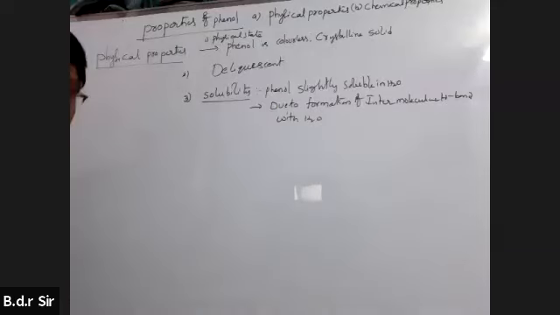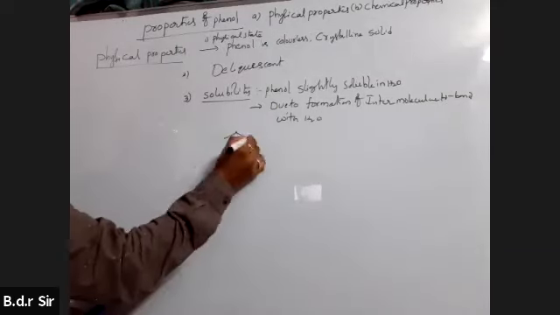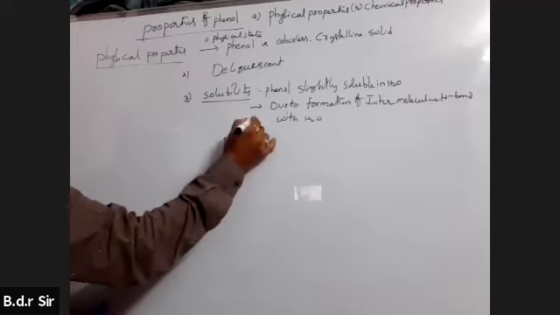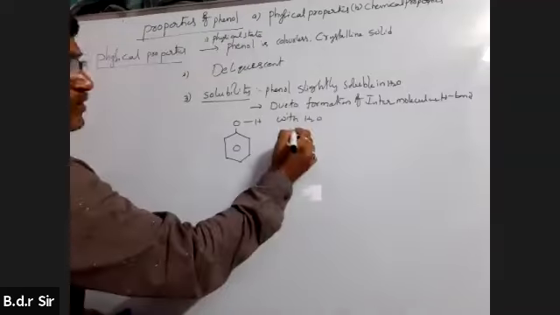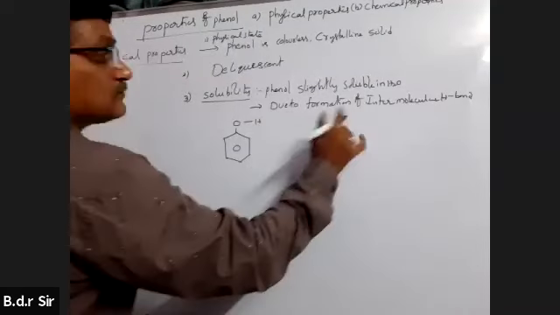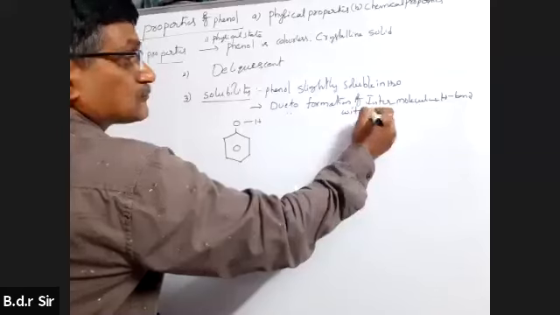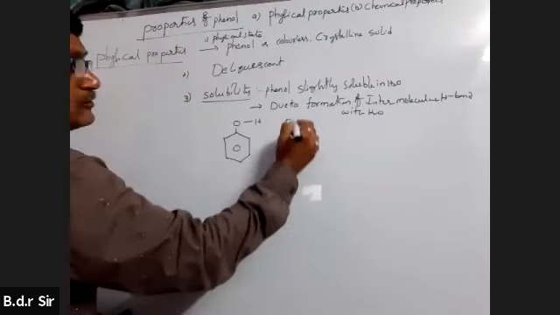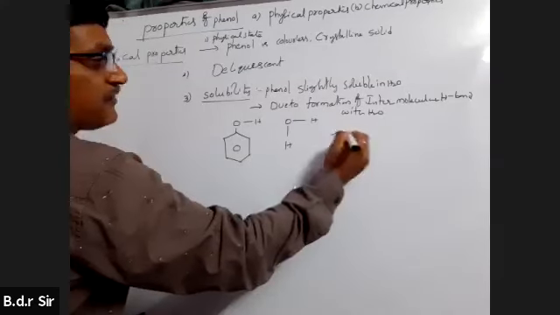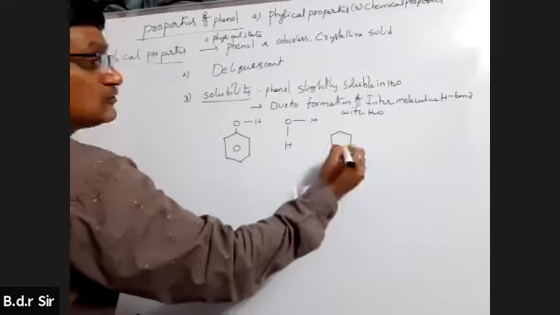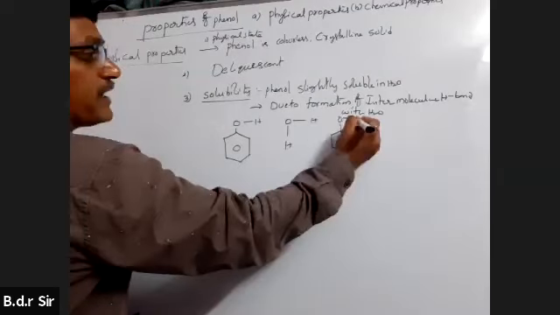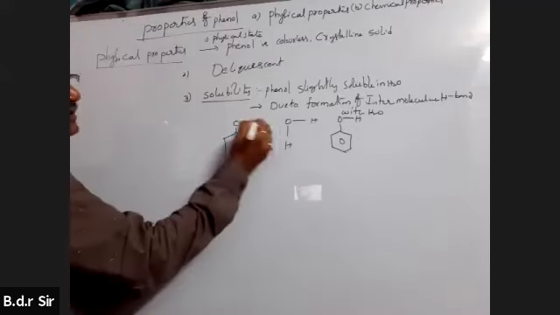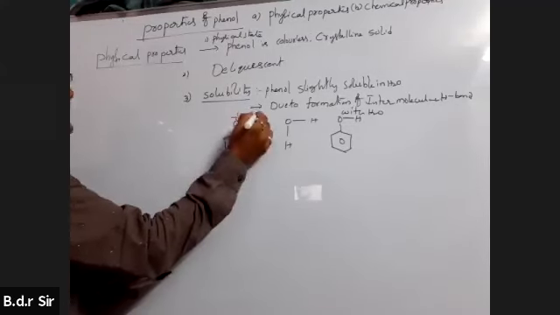If you have any doubt, observe this structure. Phenol, water, HOH, another phenol, OH. Observe here. Oxygen is highly electronegative, hydrogen is positive.